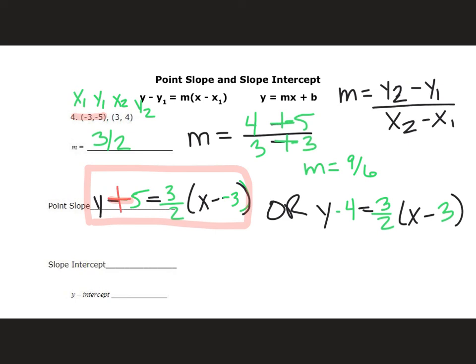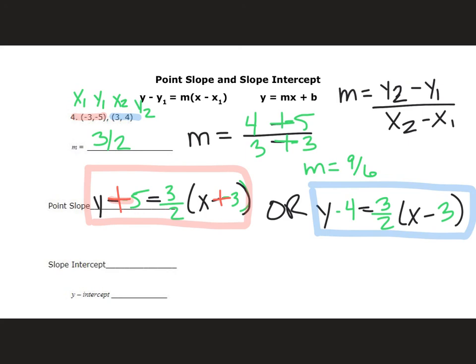So this would be y plus 5 equals 3/2 times, and this would then be the sum of x and 3, because that minus negative changes the signs. If you chose to use the second point, then this is what you're looking at, where you have y minus 4 is equal to 3/2 times the difference of x and 3. But either way, whichever one you use, you're going to have the same equation for the slope-intercept form.